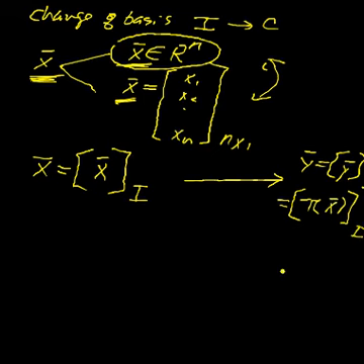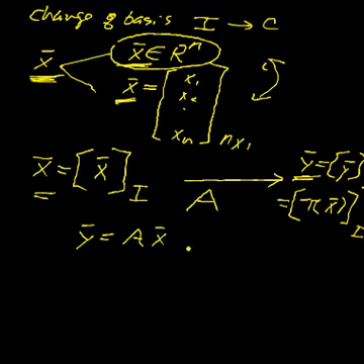I don't know why my writing is always slanted like that. I try to adjust my tablet here. And then appropriately, we introduce A between this x and y. So we can write the y vector is equal to A x.